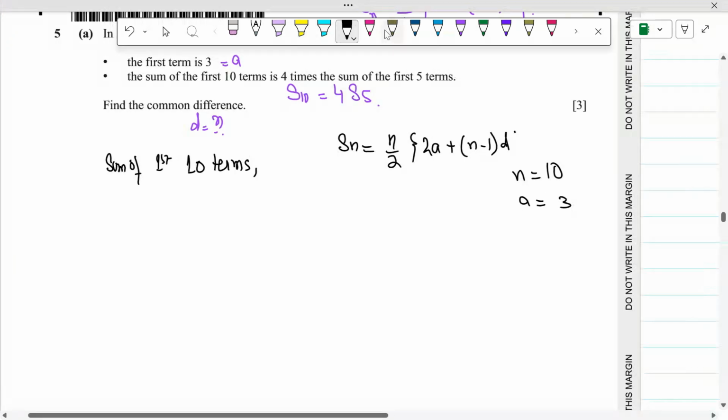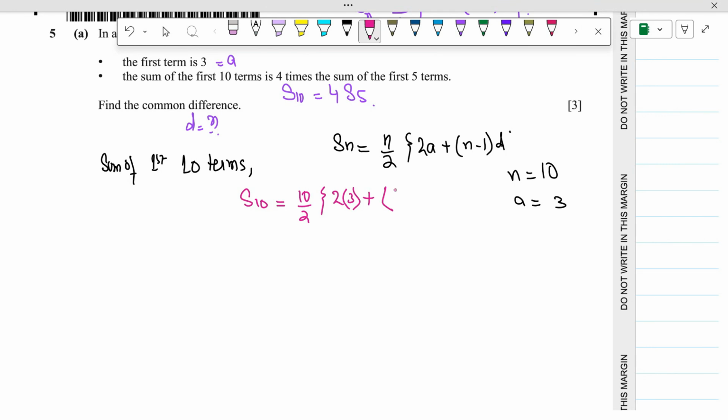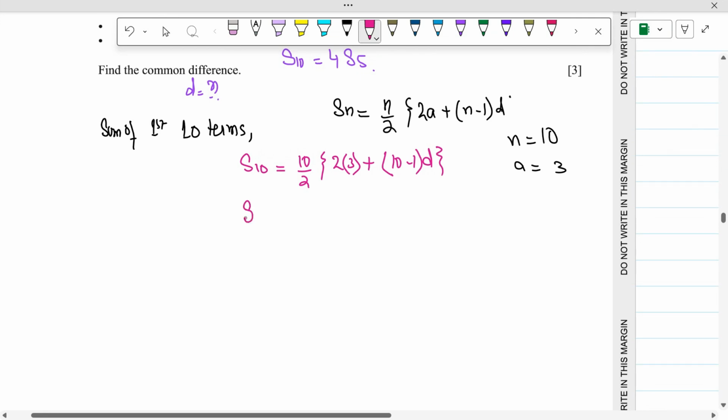Plugging in these values, S10 is equal to 10 over 2, in bracket, 2 times 3 plus (10 minus 1) times d. So S10 is equal to 5, in bracket, 2 times 3 is 6, plus 9d.